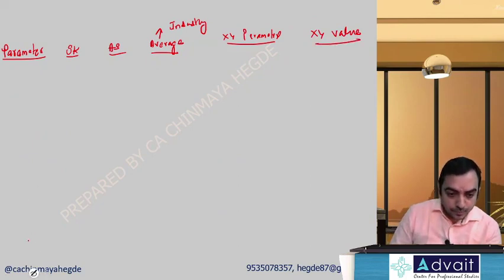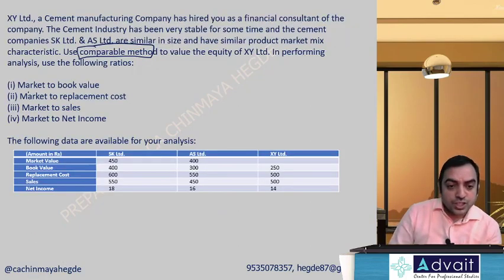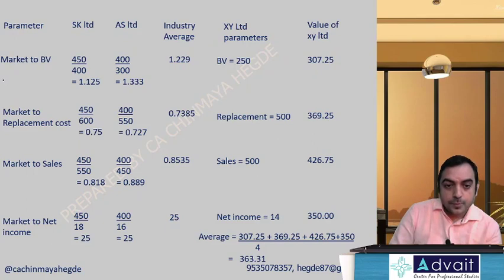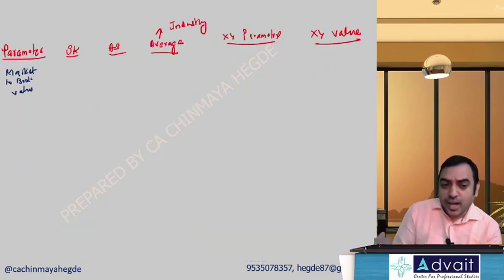Okay, one by one. First parameter we have market to book value. Now, name itself will tell you market to book value.